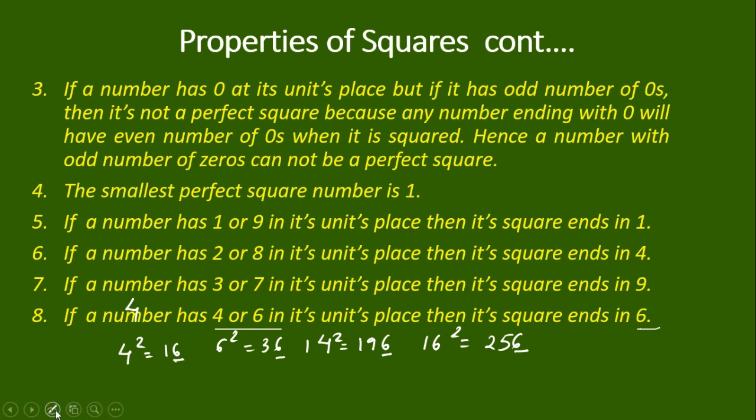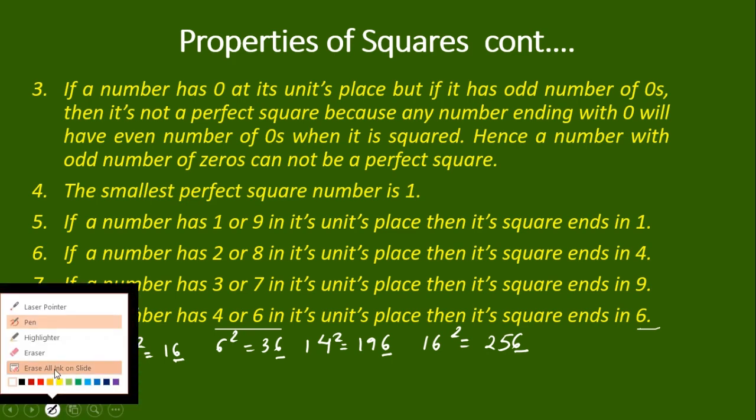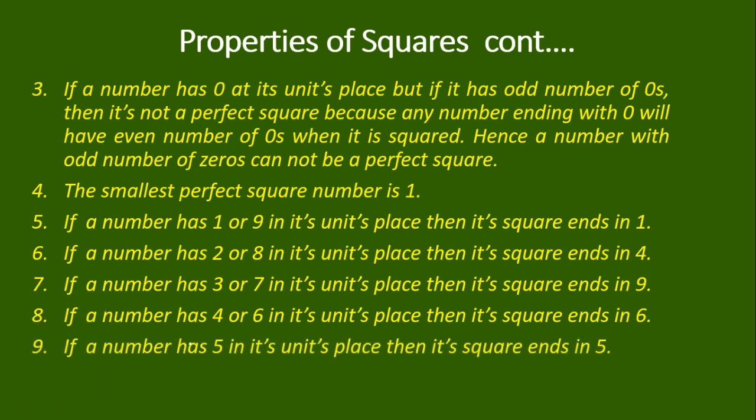Now the last property, that is the ninth property, is if a number has 5 in its units place, then its square ends in 5. I think all of you know about this. Like we have number 5. If I take the square of 5, then I will write it as equal to 25.